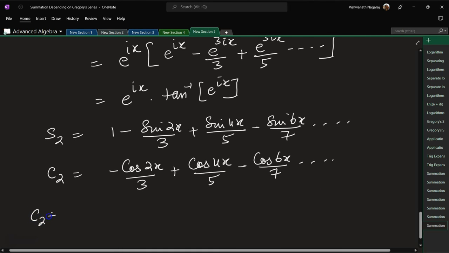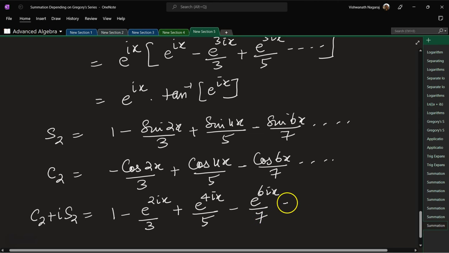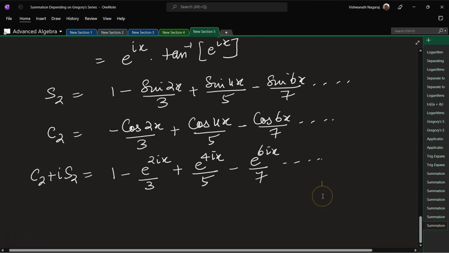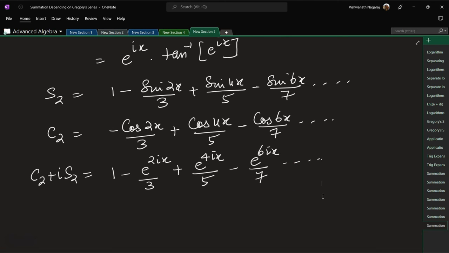So now C2 plus iS2 would be 1 as it is minus cos 2x plus i sin 2x would be e to the power of 2ix by 3 plus e to the power of 4ix by 5 minus e to the power of 6ix by 7 and on and on.